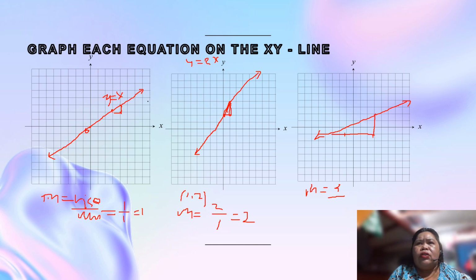So 6. So that's 3 over 6, or 1 half. It's important that you write your answer in the lowest terms.